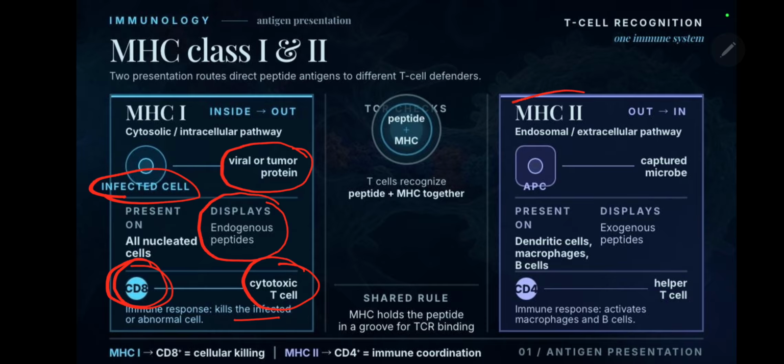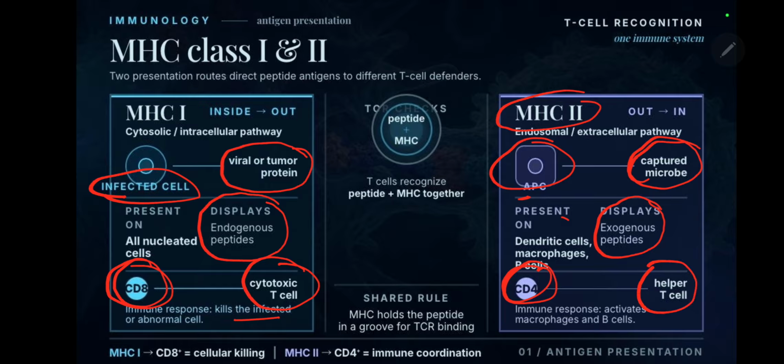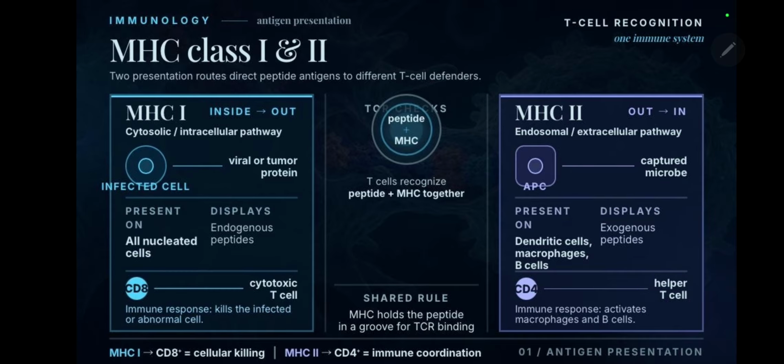And in MHC class 2, first the APC, antigen presenting cell, called the dendritic cell, captures this antigen and makes an antigen peptide MHC complex. This is shown as an exogenous peptide and presented to the CD4 cell, and then the CD4 helper cell acts against this antigen. So that is the basic difference between MHC class 1 and MHC class 2.